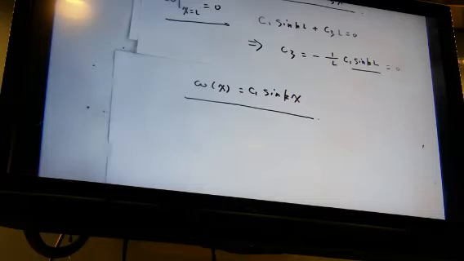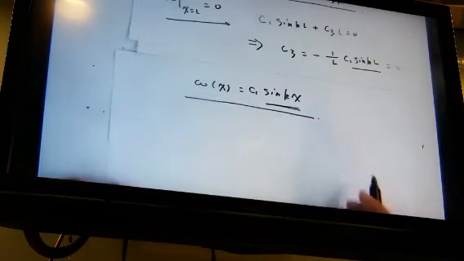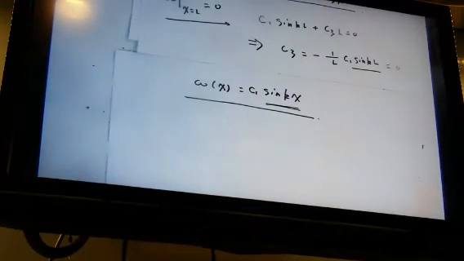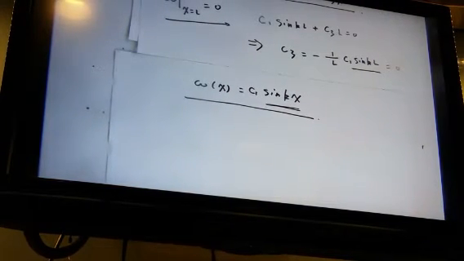What is the shape? It follows a sine function. C1 is a constant, but the shape follows sine kx. Sine kx is a function of x. So you can predict the shape, but you cannot predict the magnitude. This is a so-called instability or failure mode. Any time failure happens, you will not know what is going to happen after this failure. Fracture, plasticity. Plasticity means permanent deformation.